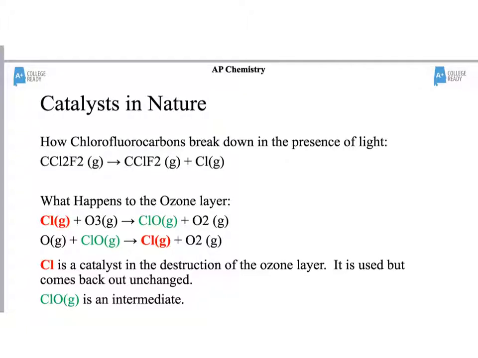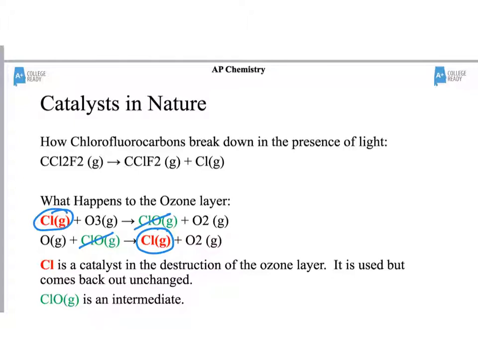So if you look at the reaction, we can see this goes into the reaction, reacts with the ozone, makes this intermediate, which is then immediately used, and as a result produces this back. The chlorine atom is the catalyst.